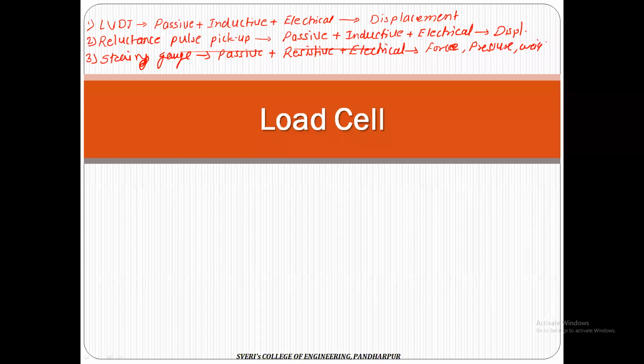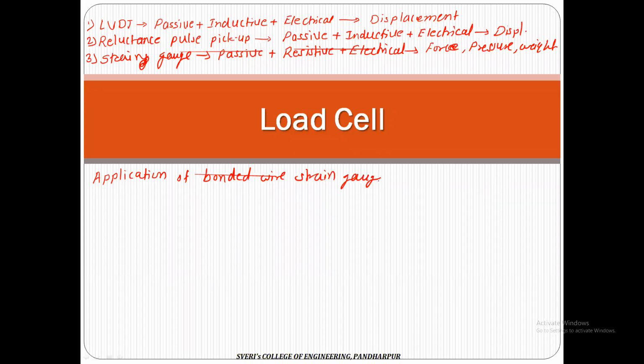weight, etc. And now the fourth type, the application of strain gauge, we call it a load cell, and this load cell is the application of the bonded wire strain gauge.